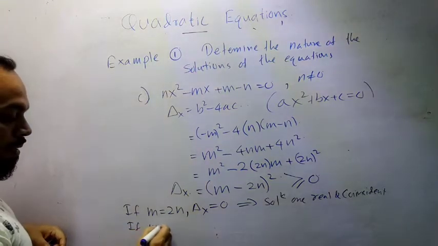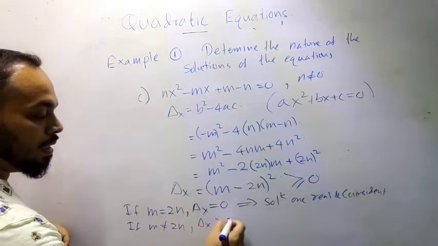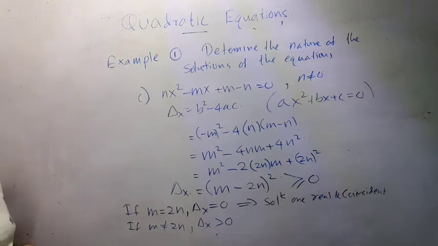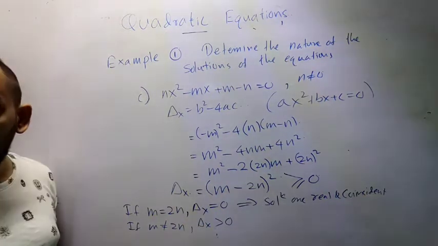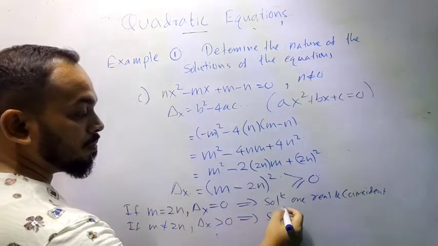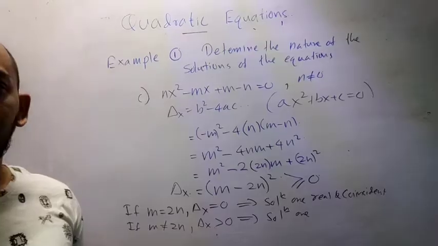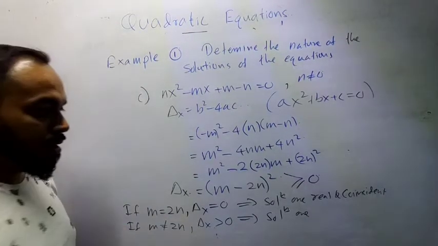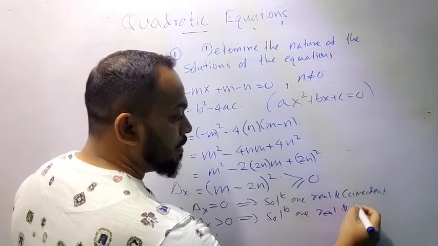If m is not equal to 2n, delta will be definitely greater than 0. Whatever, even if it is negative inside, the square would always be positive.